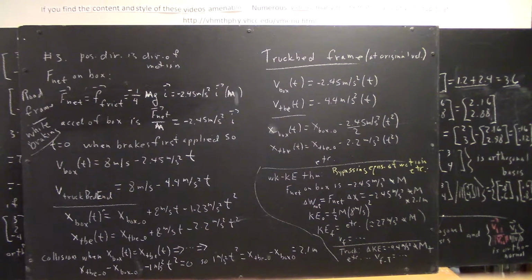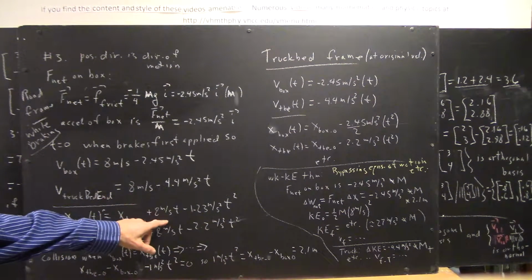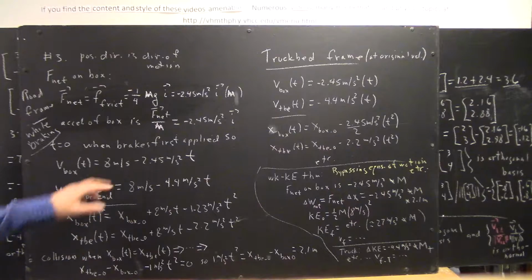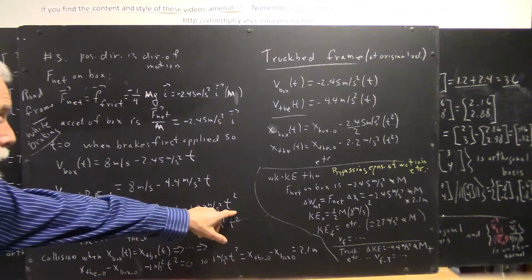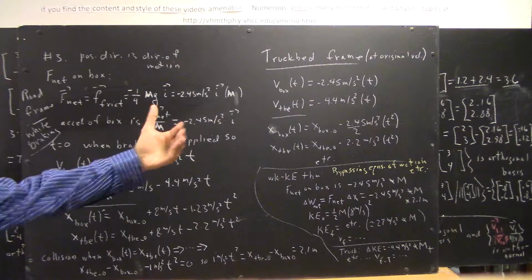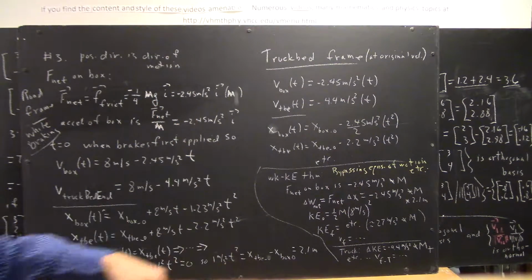Well, if I integrate this, I get 8 meters per second times t, minus half of this times t squared, because the antiderivative of t is t squared over 2, plus an integration constant.